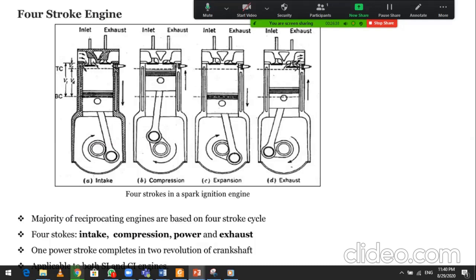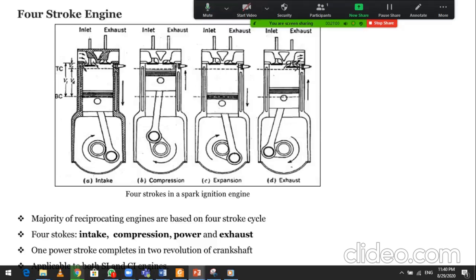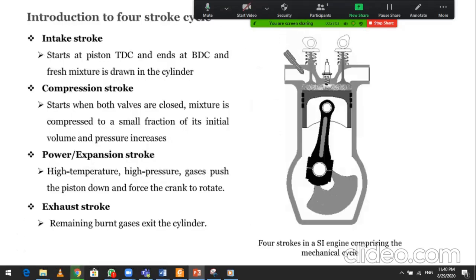Four-stroke means intake, compression, power, and exhaust. One power stroke completes in two revolutions of the crank, applicable to both SI and CI engines. We already discussed SI and CI engines.